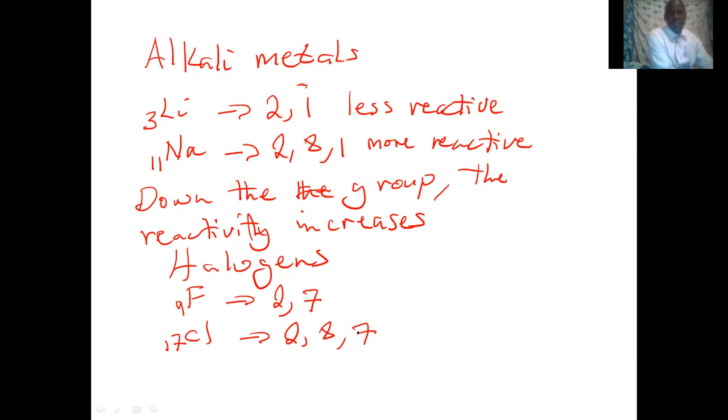And therefore the trend is such that this one will be more reactive, and this one will be less reactive.